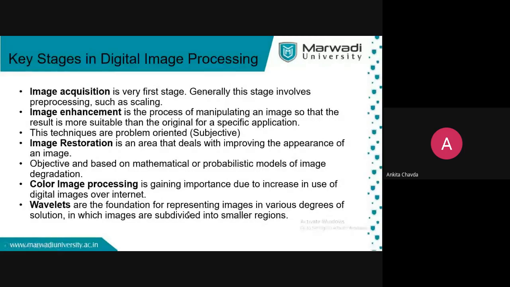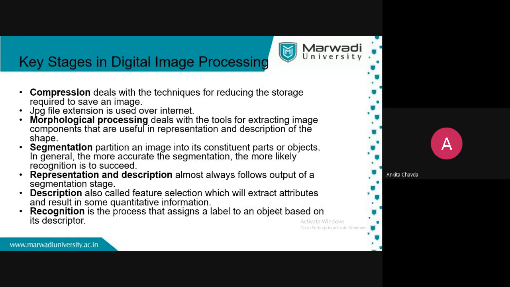This is the foundation for representing images at various degrees of resolution, in which the images are subdivided into smaller regions. Okay, your single image is divided into smaller regions and then you are solving the problem. Then compression. Compression deals with techniques for reducing the storage required to save an image. The JPG file extension is generally used over the internet, right?